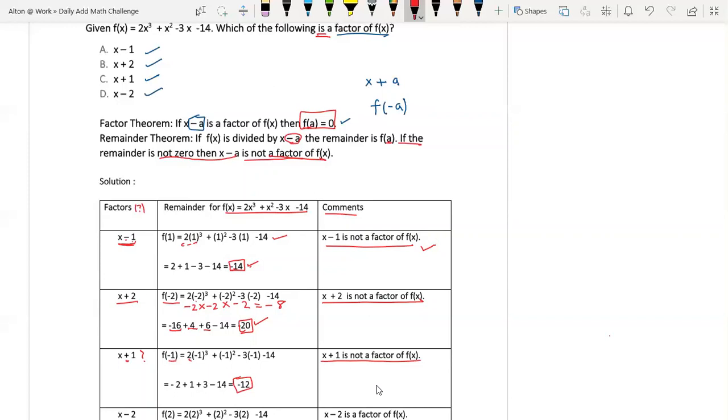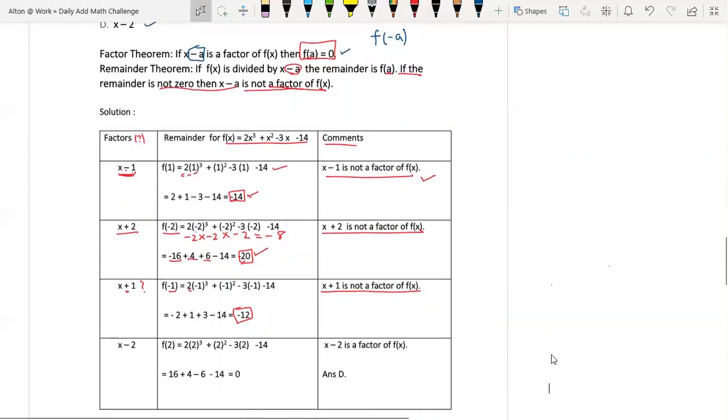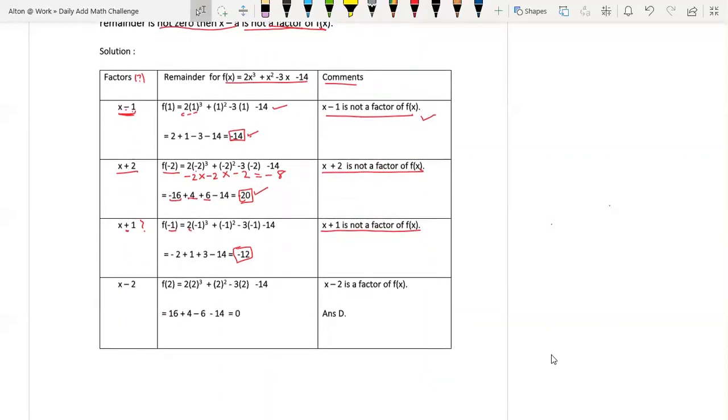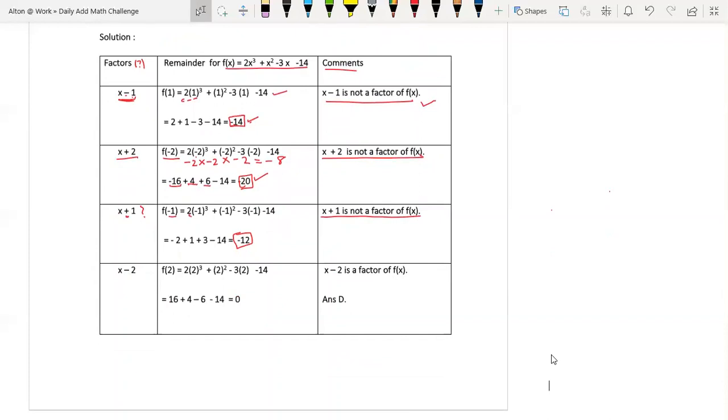Now, of course, by a process of elimination, one of them must be a factor. And so the answer must be D. Let's check it. So we have x minus 2.